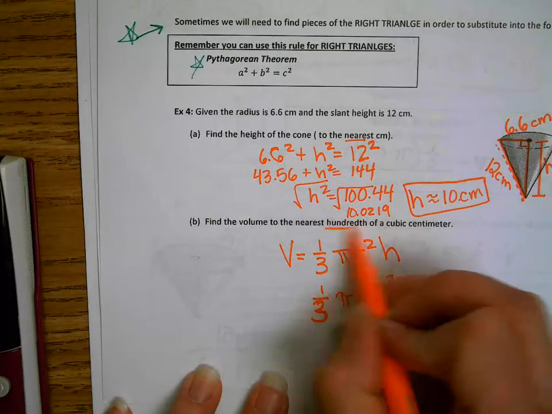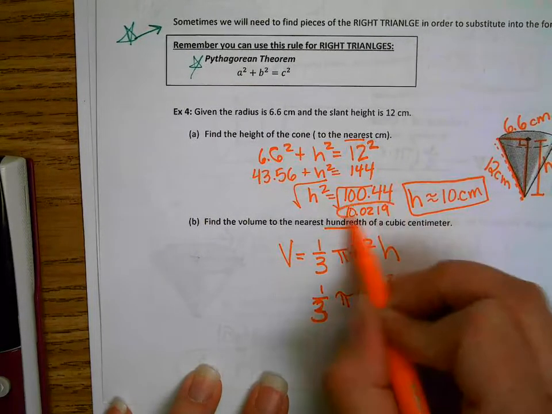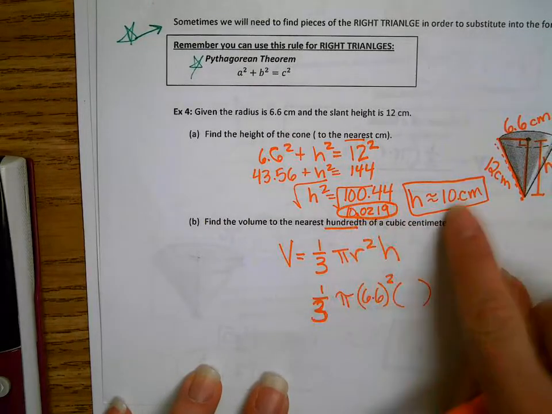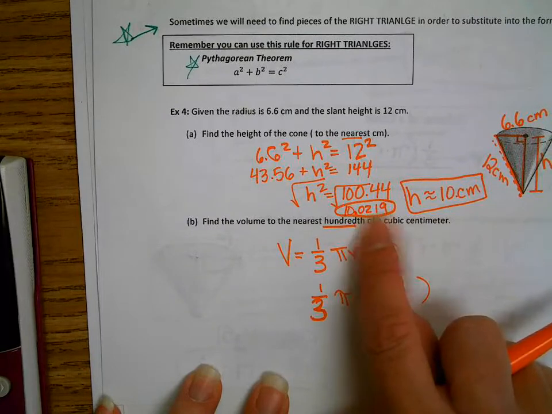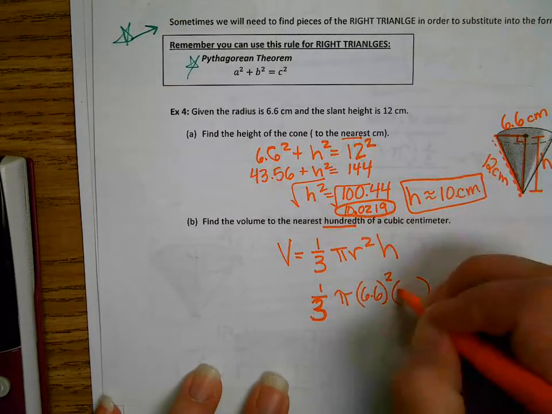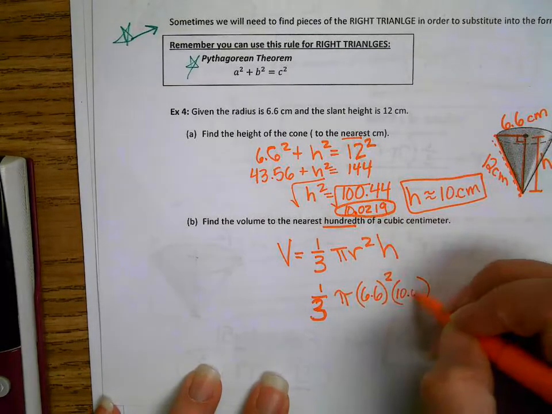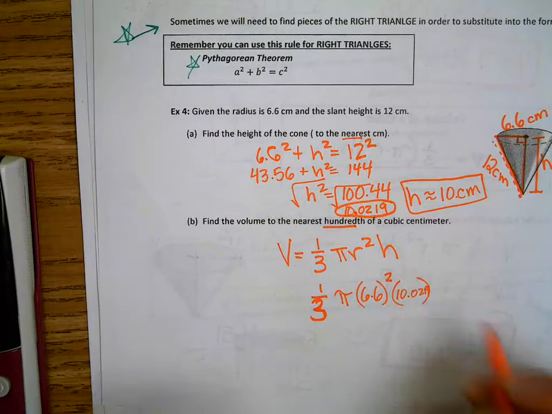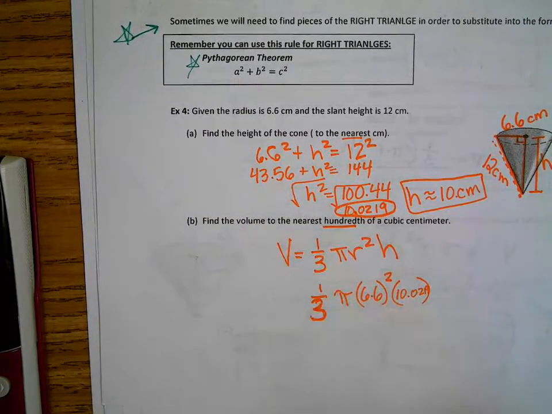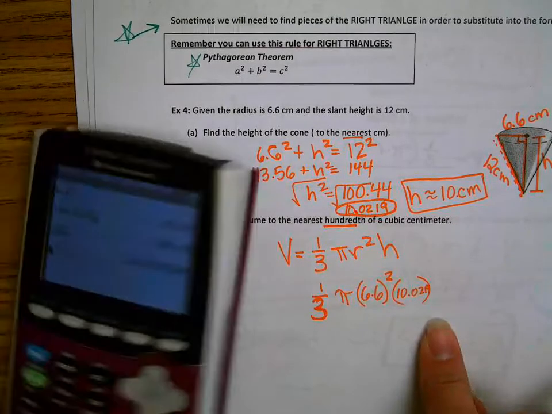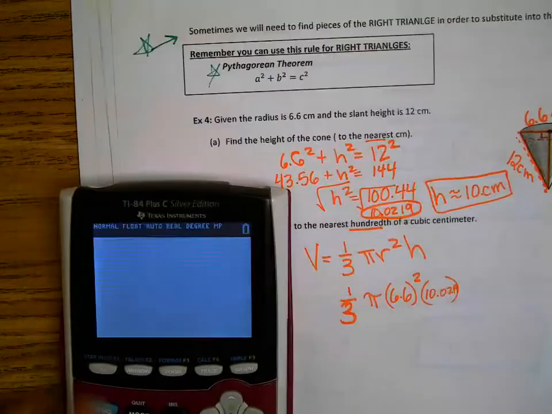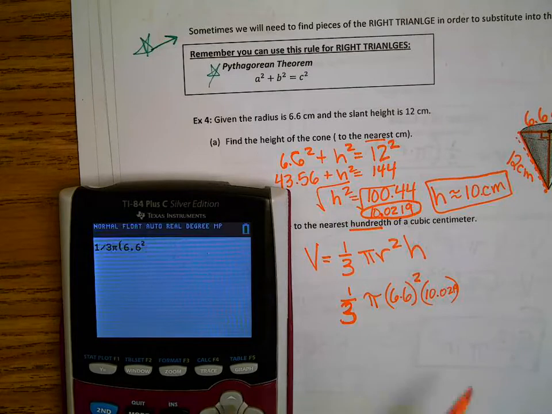Now to the nearest hundredth, I'm going to use the 4 decimal places. I don't like using one rounded answer for the next answer. Those decimals are significant, important. So 10.0219 is going to get multiplied here. And since we're asked to round to the hundredths place for this answer, I'm just going to type the whole thing in. I'm not going to skip pi this time. So 1 divided by 3, pi times 6.6 squared.